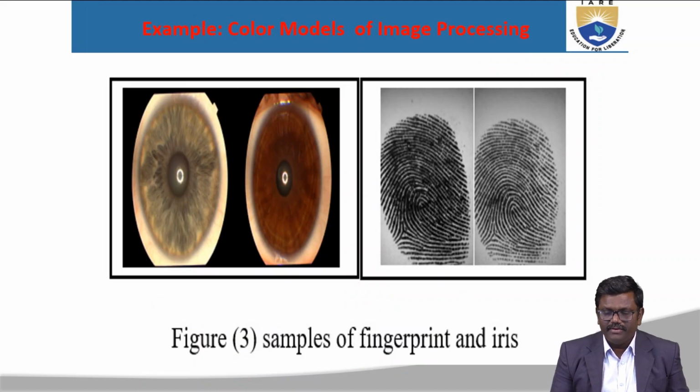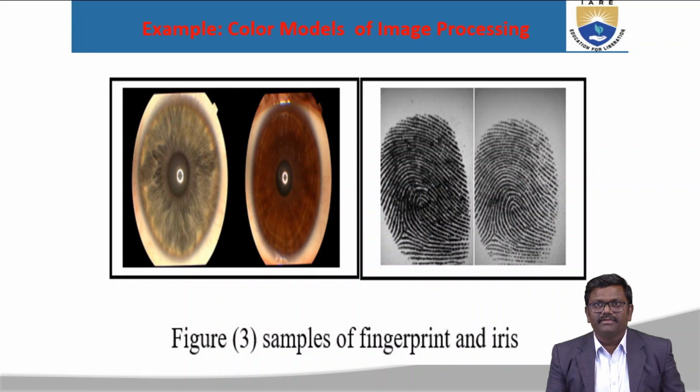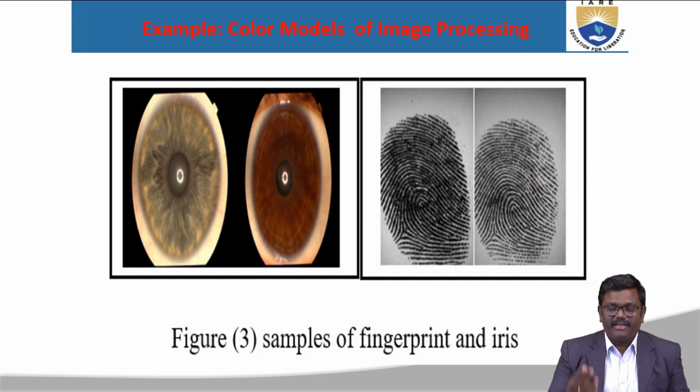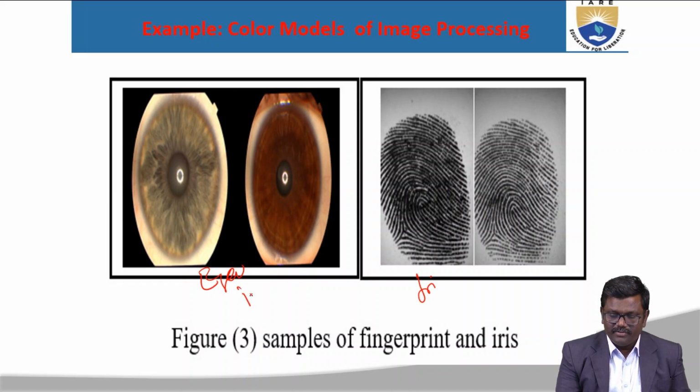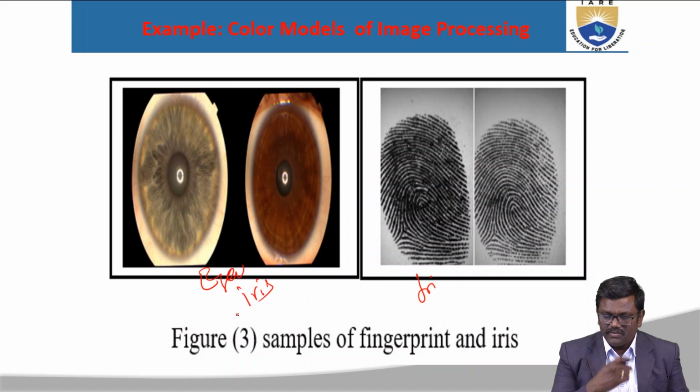Let me show examples of the color image. For example, we want to find from iris or fingerprint. These iris values are what we are concentrating on. Why do you want a color image?